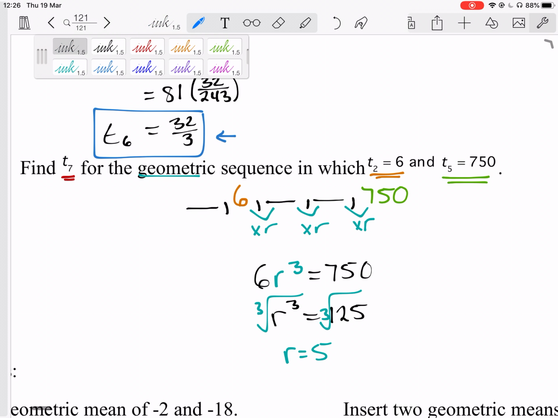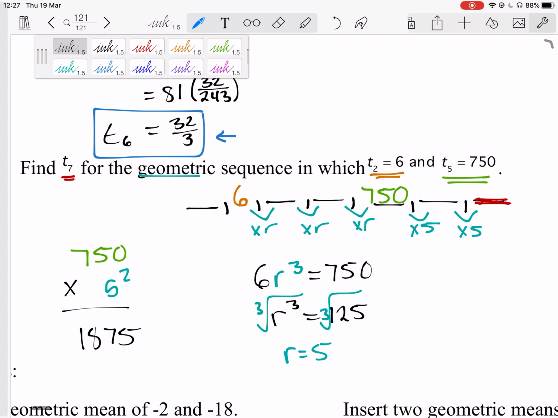Because it's such a low number, 5, 6, 7, I know I just multiply by my r 2 more times, so 5 times 5 to get that term number 7. I'm basically just multiplying 750 by 25. So 750 times my 5 squared, or the 25, ends up giving me 18,750. So this is our t sub 7.